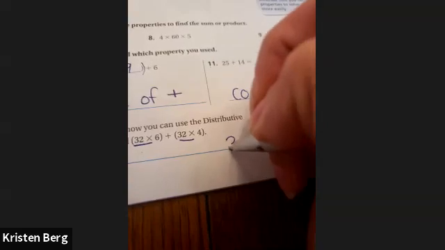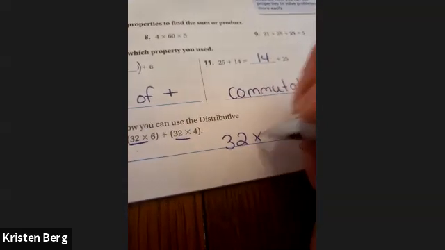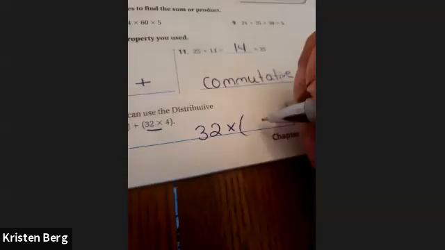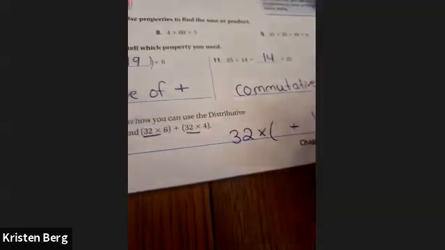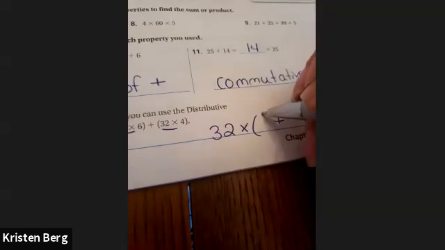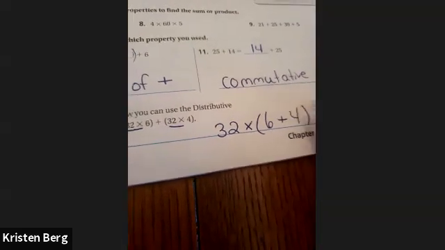So I'm going to pull that part out first. Then I know I have an addition sign in between them. And what is missing is the 6 and the 4. That is all they wanted you to rewrite.